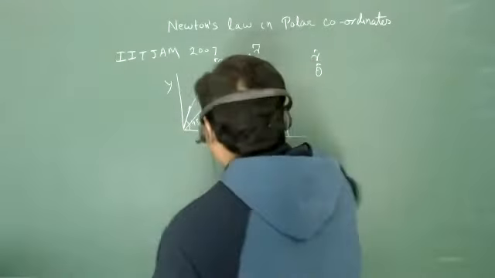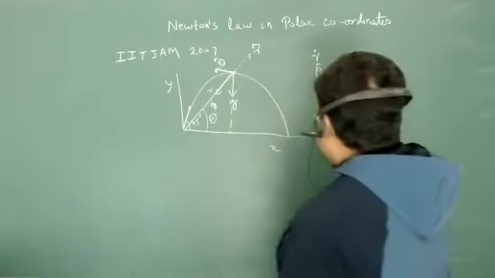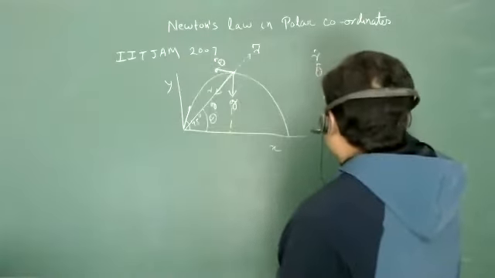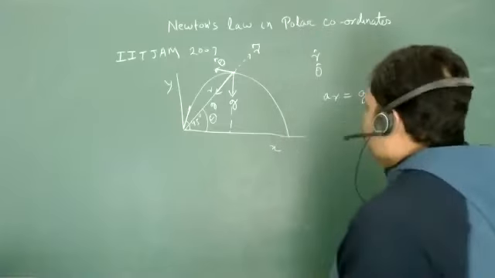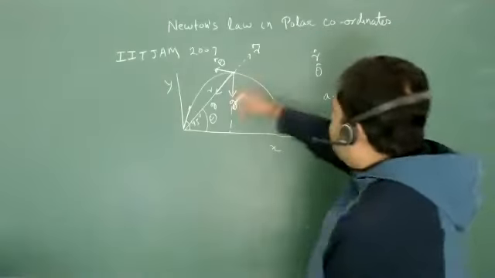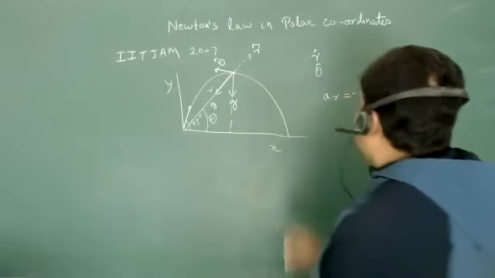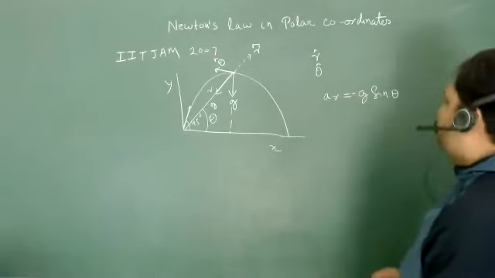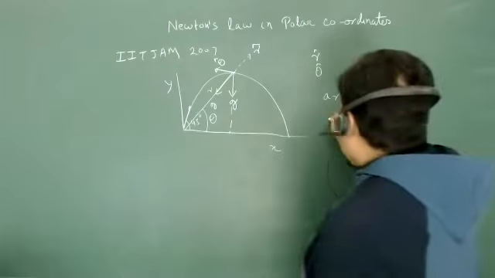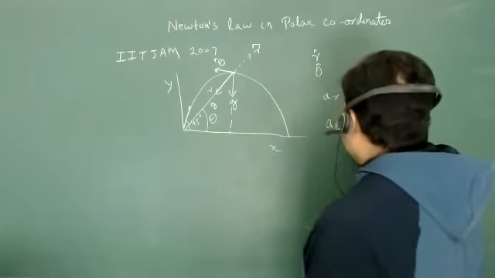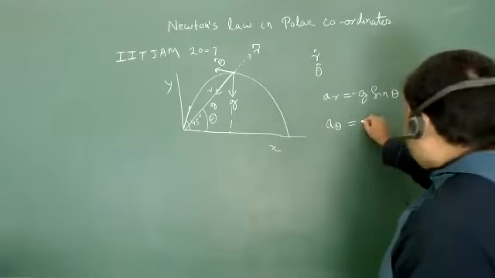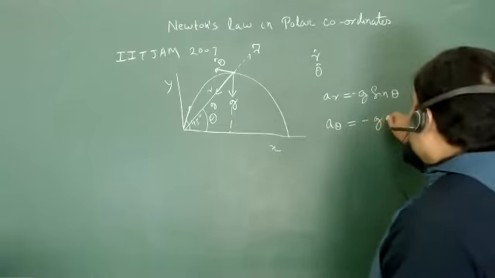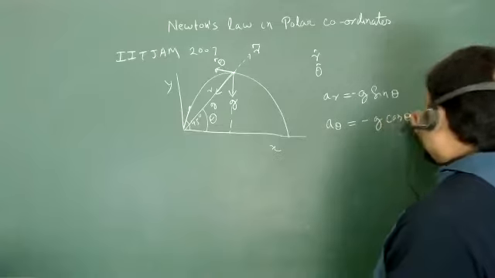So A_r is nothing but G sin theta, and this has a minus sign. I will put the minus sign because in the options, minus and plus are both given. And what about A theta? That is plus or minus. So this will be minus G cos theta.